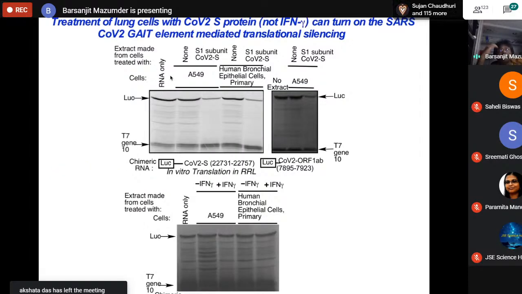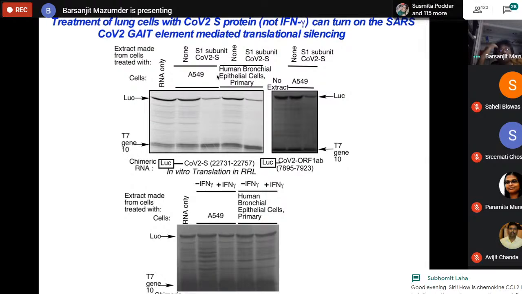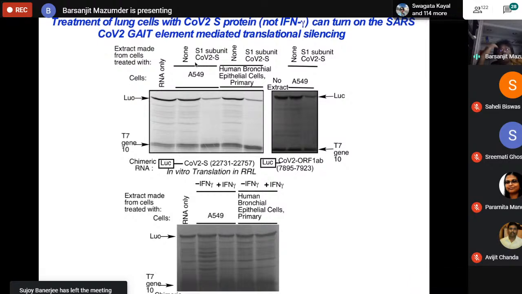Now I'll show you the data from extract made from cells treated with the S1 subunit of SARS-CoV-2 S protein. This is the A549 human lung epithelial cell, and this is the primary lung epithelial cell from human. In both cases, we can see that if you treat the cell with S protein, we can activate an activity that inhibits the reporter gene under the control of the GAIT element, but not the reporter gene which is not under the control.